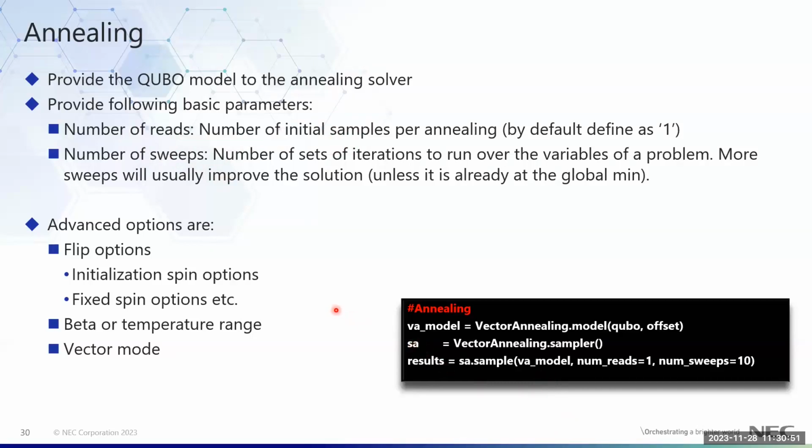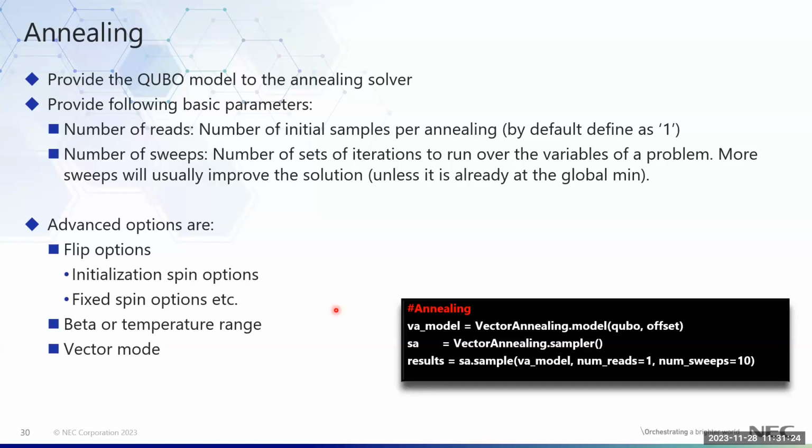You're providing a QUBO and you're telling it how many times to read the samples as an input initially, and how many times you expect the annealer to perform the annealing sweep over and over onto that. And as we spoke about, a larger number of sweeps usually provides an improved solution. But you have to identify the right number of sweeps for your problem, because there is a point where sweeps may be redundant beyond a certain point.